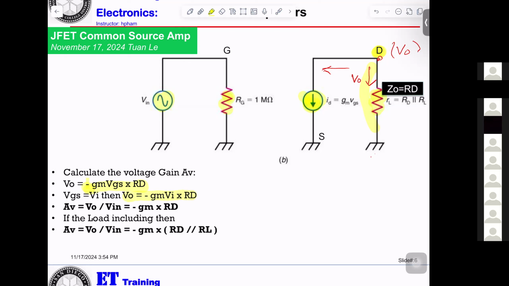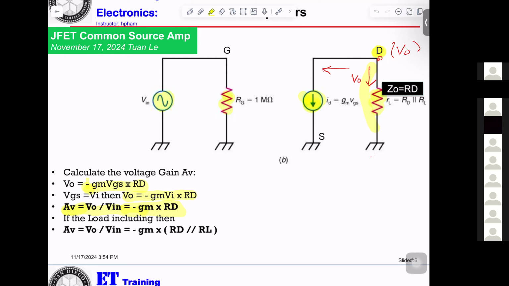Then the gain will be equal to minus Gm times RD. You see, this is the common source amplifier, much simpler than the bipolar.